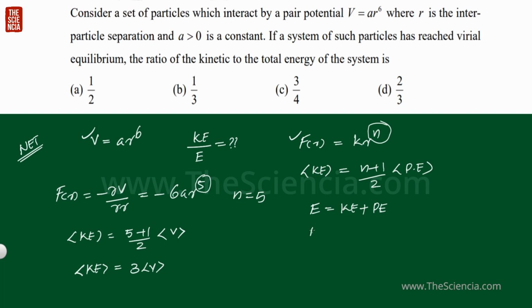So we get total energy E equal to kinetic energy 3V plus potential energy V. So we get total energy is equal to 4V. Now we can find kinetic energy by E, that is kinetic energy 3 average V by total energy 4V, that is 3 by 4. That is option C.